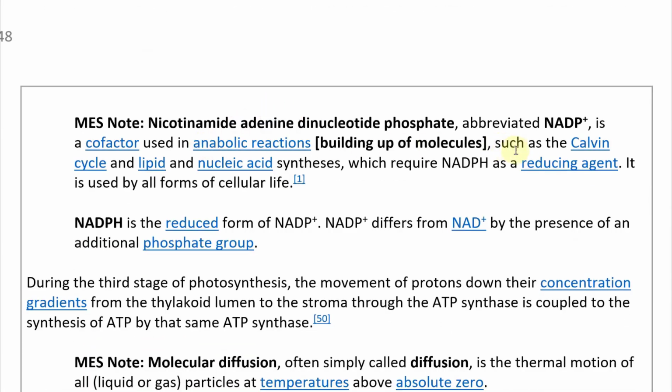So NADPH, nicotinamide adenine dinucleotide phosphate, is a cofactor used in anabolic reactions. And again, a cofactor assists; it's required for enzyme activity, behaving like a catalyst.